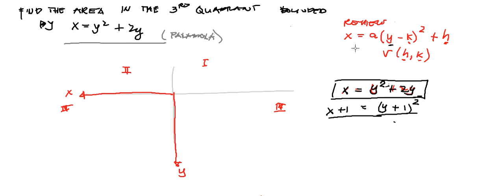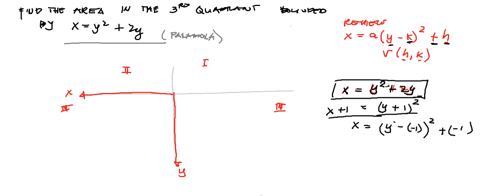So by doing that, let's rewrite our x in terms of this form. We have x is equal to y plus 1 squared, then minus this one. If we move this positive 1 to the other side, then we will have a minus 1. Since we need to determine this in this form, let's put a minus 1 here, so that we can easily see which is k and which is h.